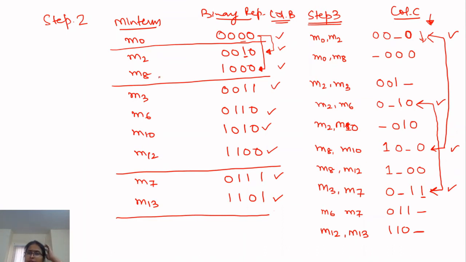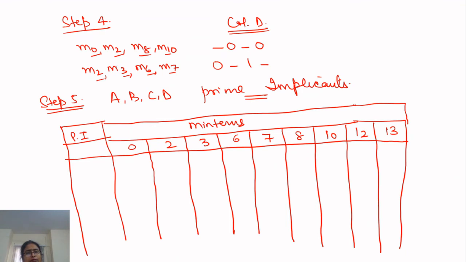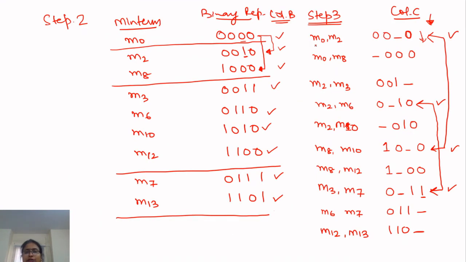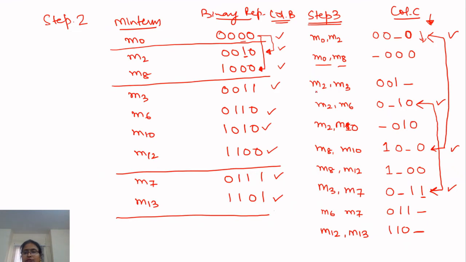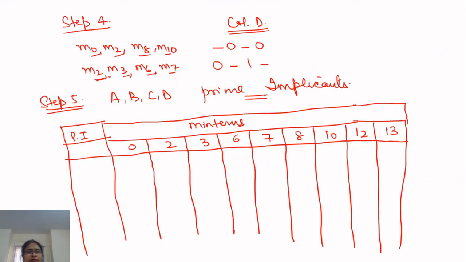Now, from step 3, you have to include those minterms which are not at all included in column D. See, in column D, 0, 2, 8, 10 are included. See, 0, 2 are included. Yes. 0, 8 are included. Yes. 2, 3 are included. Yes, 2, 3 are also there. Then 2, 6 are included.